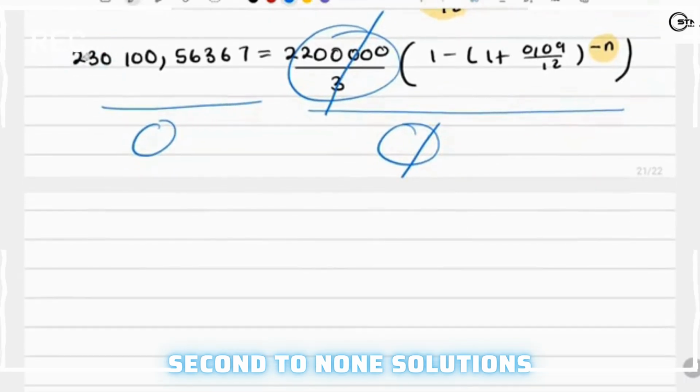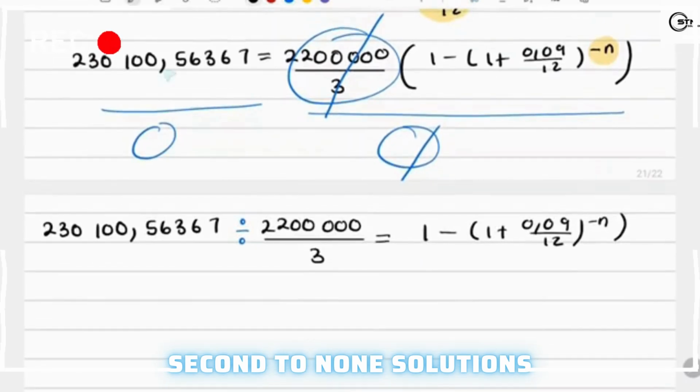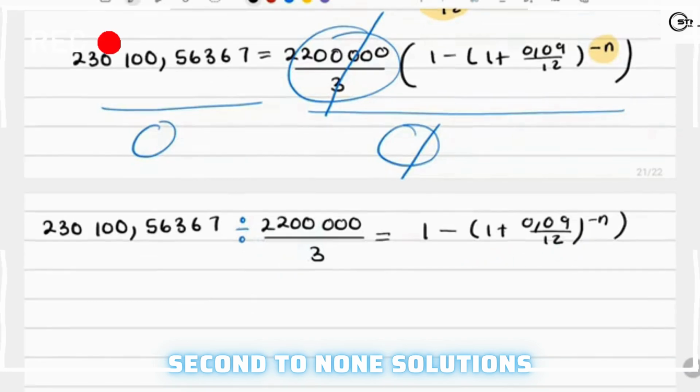So I'm going to do that. You see, I took this number and divided it by that number over there, because I'm dividing both sides. So here they cancel, and here this is what we have, and I'm going to calculate what that is. So this is what we have on this side.